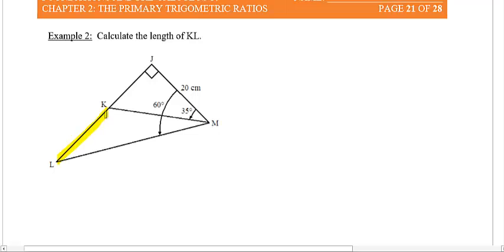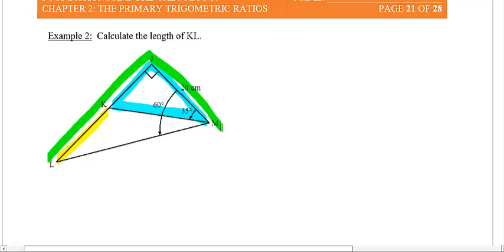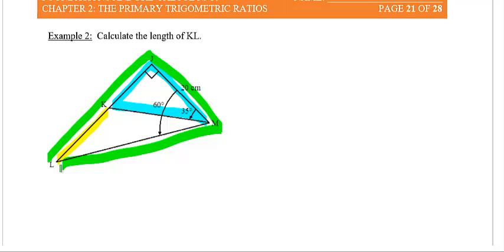Now remember, we need to look at right triangles. I hope you can see there's a smaller right triangle here, and a larger one here. What do you think we need to find from both the small and the large in order to find KL? Well, if you call this thing here x, which is the length JK, we can find that from the blue triangle.